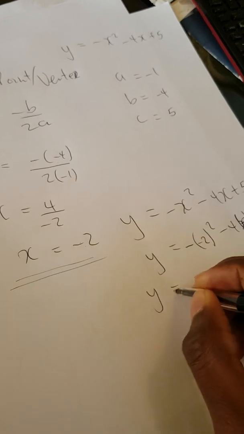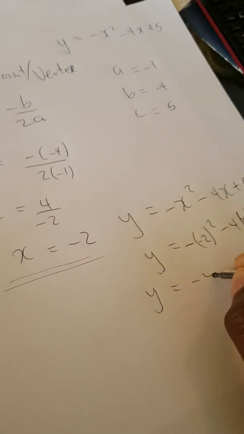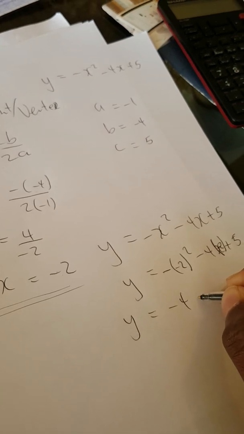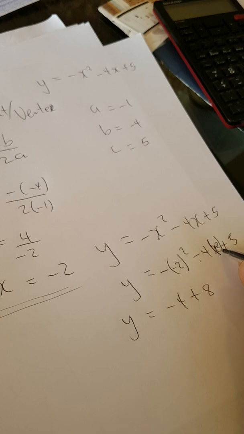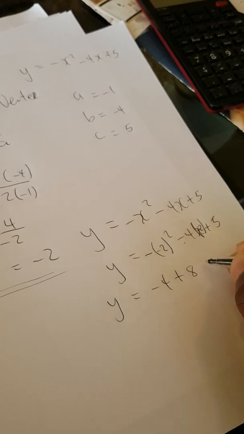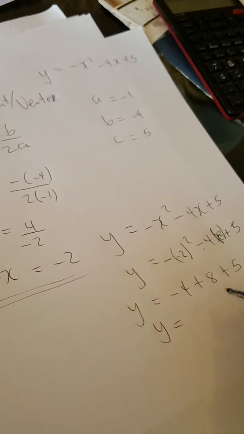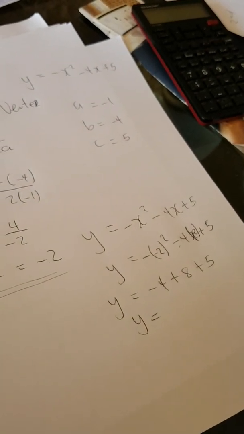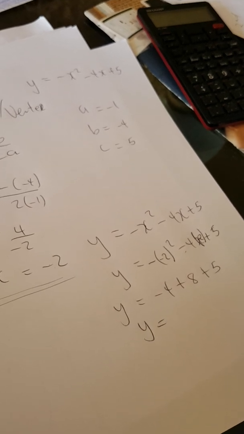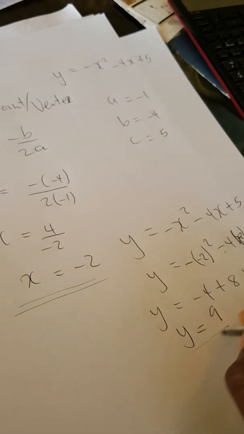So now y is equals to negative 4 plus 8. Negative 4 times negative 2 gives us plus 8, plus 5. So now y is equals to 8 plus 5 is 13. 13 minus 4 is 9. So y is 9. Okay.